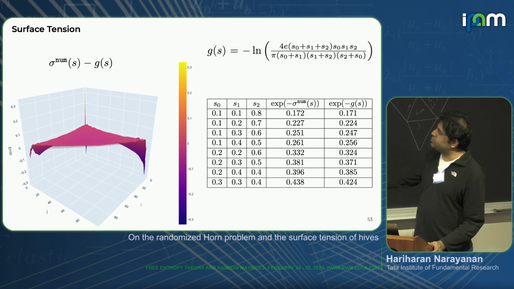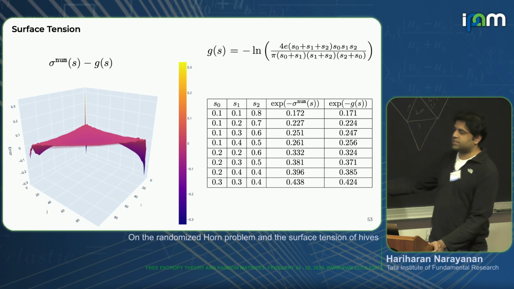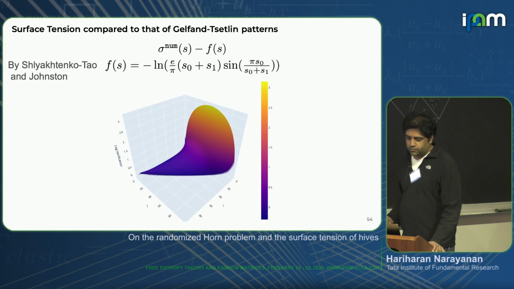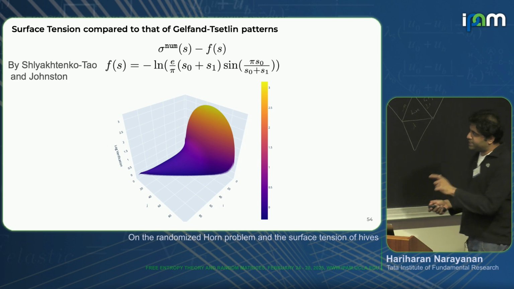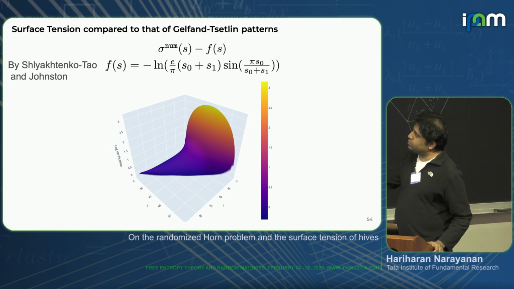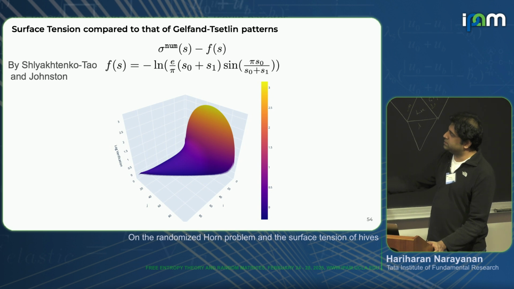For these values it is 0.71171, the numerical value is 0.172, and here it worsens, but it seems like a reasonably good fit. And the actual numerical thing that we computed does match the boundary conditions of Aalok, Tao, and Johnston. This is empirically true, that the limits do match.